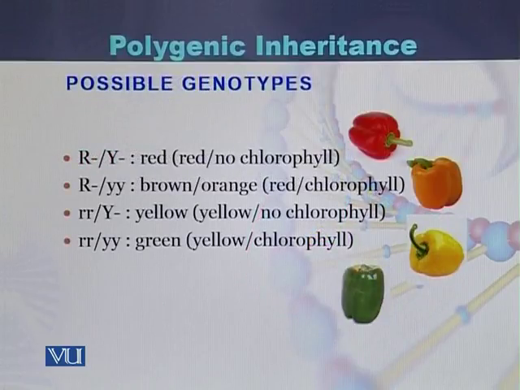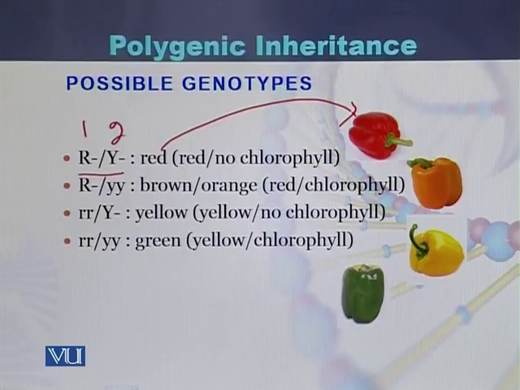Here we can see the different possibilities of the genotypes. If there is allele R and allele Y, the color of the pepper would be red. In this case, allele R belongs to gene number 1 and allele Y belongs to gene number 2.